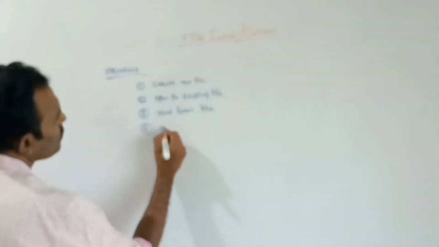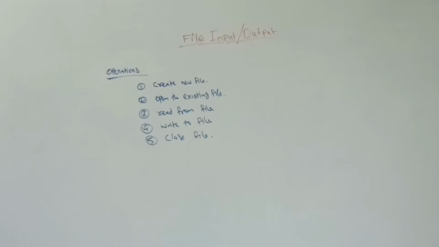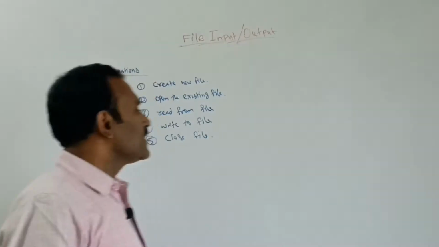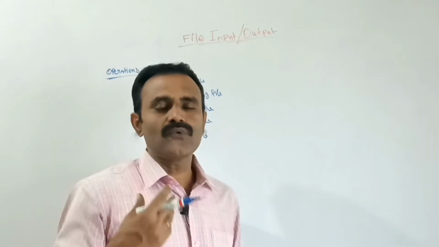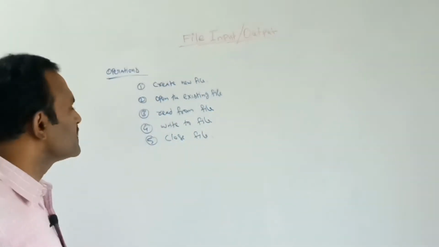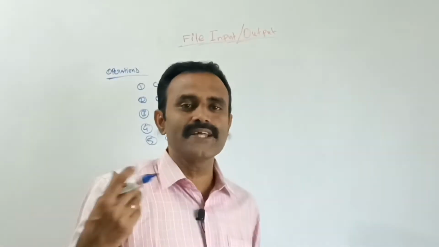Next, we can write content to the file. Next, close the file. These are the operations. There are built-in functions, and with their help we can read, write, open, and close. These operations can be performed by using those functions.